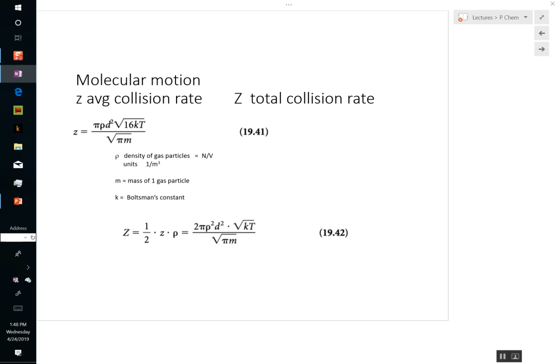A factor coming in here is not pressure, it's the density of the gas, the number of gas particles per unit volume. M in this case is the mass of one gas particle, so that's going to be a very small number. And k again is Boltzmann's constant.